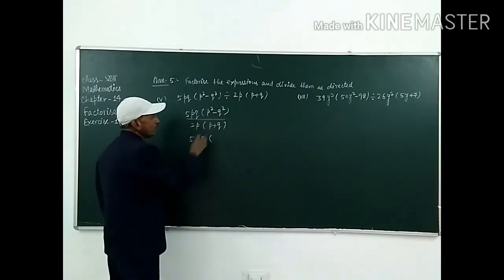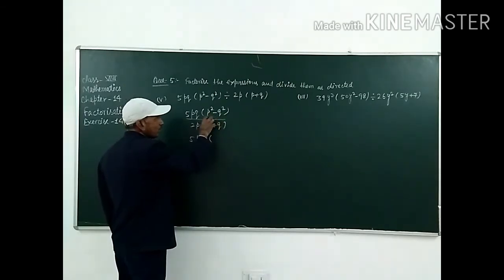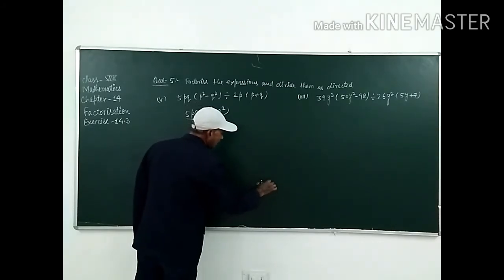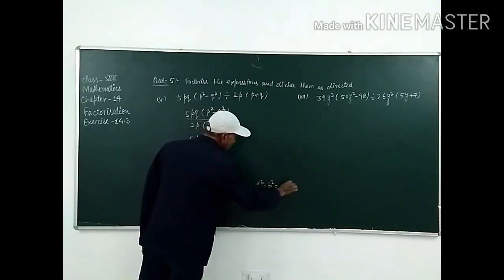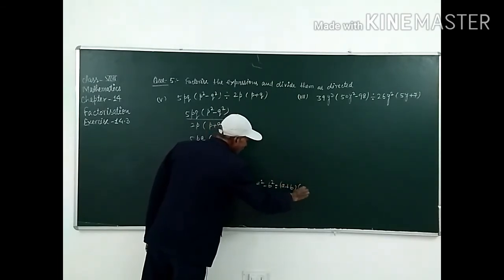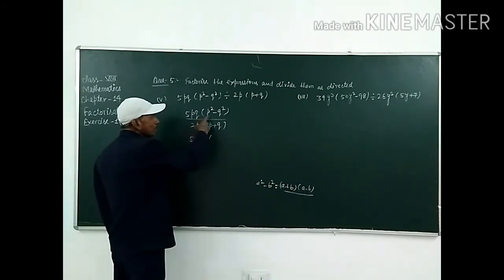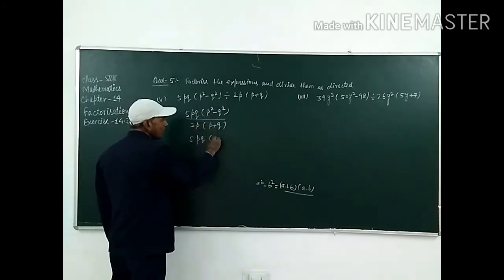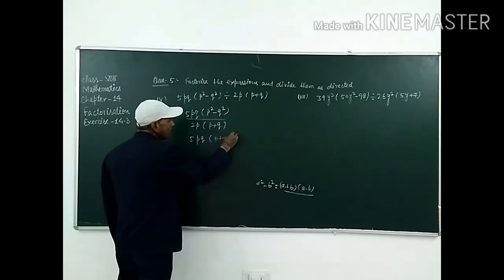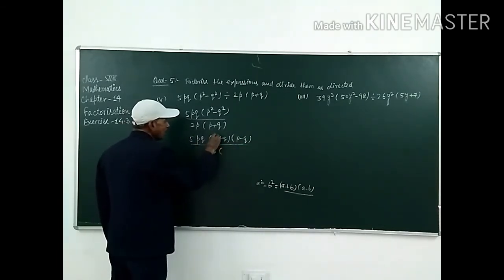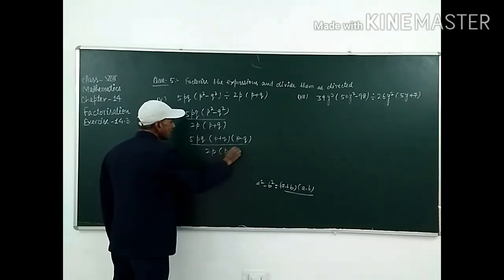In this part student, we have to use the identity a square minus b square is equal to a plus b in one bracket into a minus b in another bracket. We have to use this identity in place of p square minus q square. So this one p plus q in one bracket, and in another bracket it will be p minus q, divided by 2p and this one p plus q.